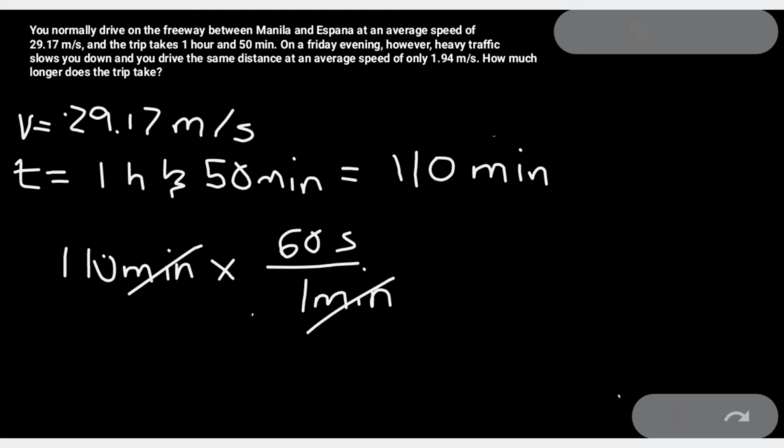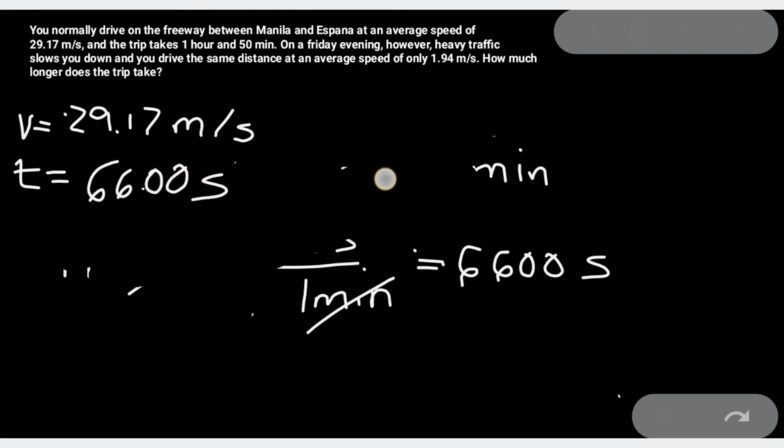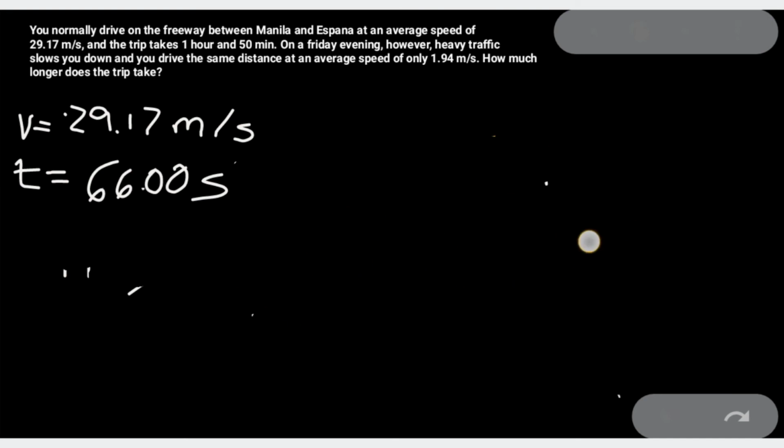So we have now 110 times 60, we have now 6,600 seconds. So this is the time in seconds driving on the freeway from Manila to Espana.